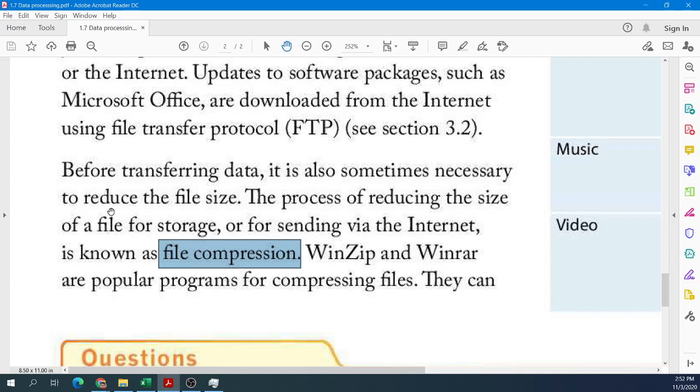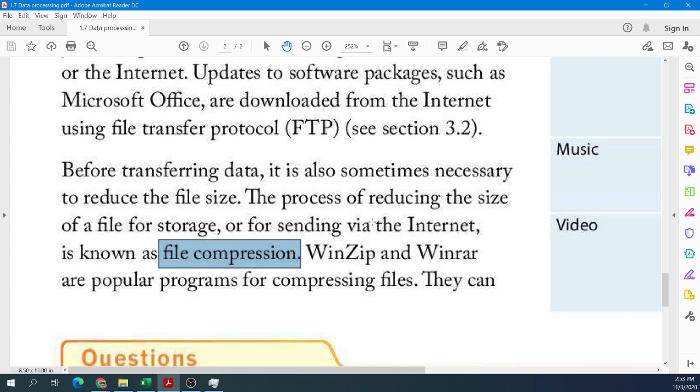So there are cases where you might need to reduce the file size in order to transfer that file faster. The process of reducing that file size, either for storage or for sending, is known as file compression.